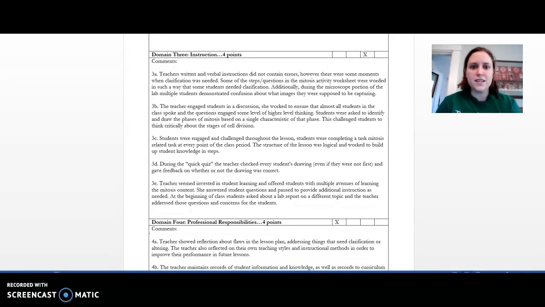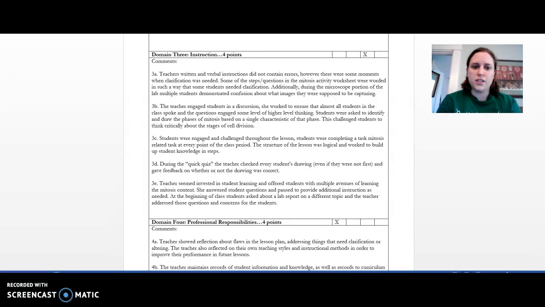In domain 3, instruction, I gave myself a basic, a 2 out of 4. And this is really because there was a lot of misunderstanding between myself and the students in terms of expectations of what the students should be doing. Students a lot of times needed clarification, had to ask a lot of clarification questions because they were unsure of what I wanted them to do at that time, especially with the lab, with the microscopes.